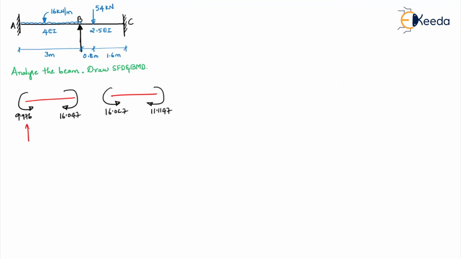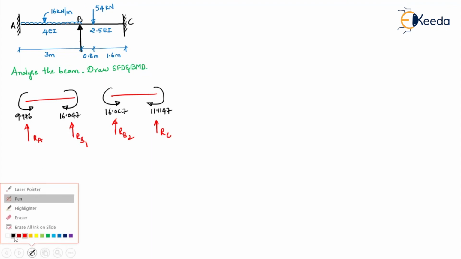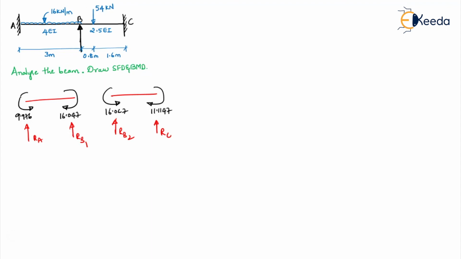Right, let me call the reactions RA, RB1, RB2 and RC. The loadings are only on the top, so we can do it easily. So first let us take the span AB.